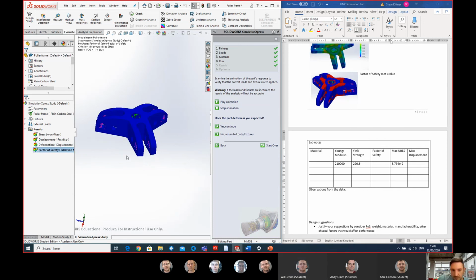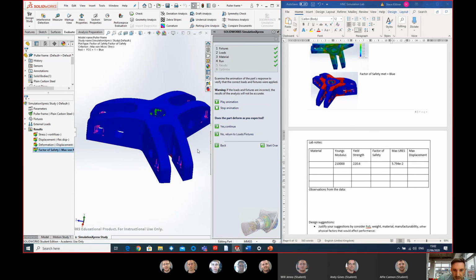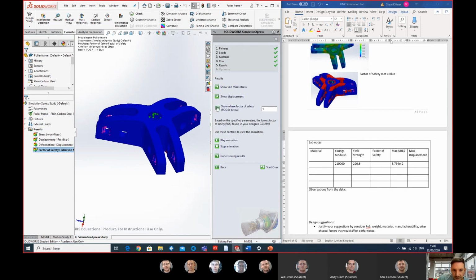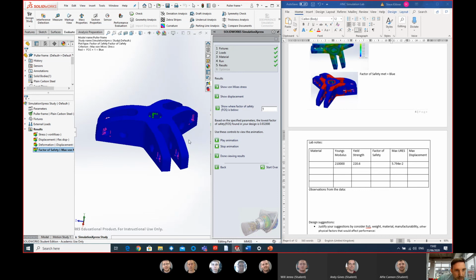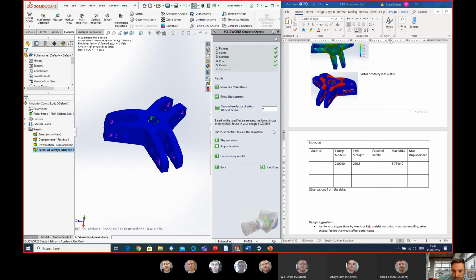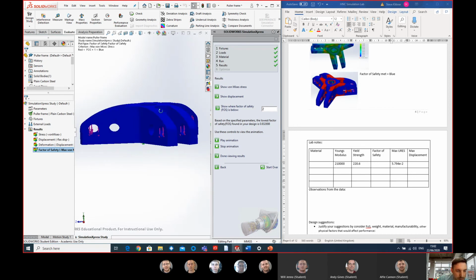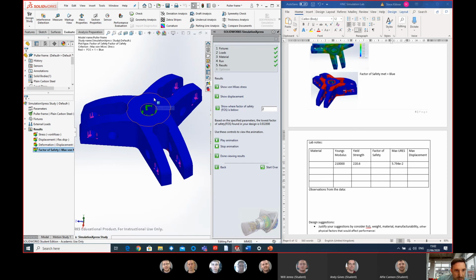Have a look at our factor of safety. So it's currently calculating on a factor of safety of 1. Let's change that to 2. Just want to make sure this is okay. Done. Okay, now this is odd because this should be red under one.